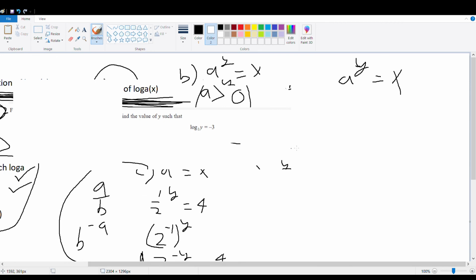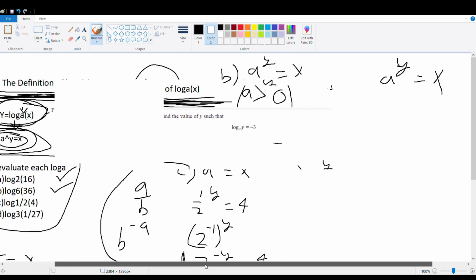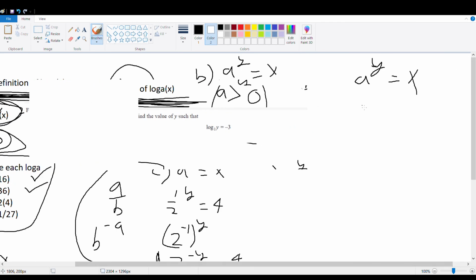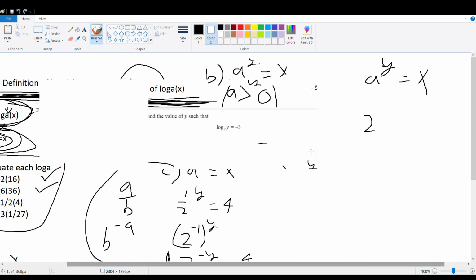After that, we need to identify the a first. From what I've told you guys, log a is a, so a is 2. So substitute that with a, so 2. The y right here is a little bit confusing, because right here we need to find y.